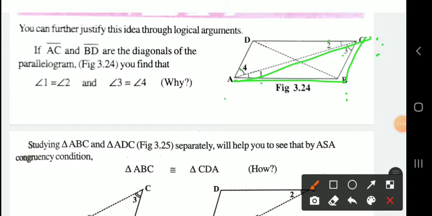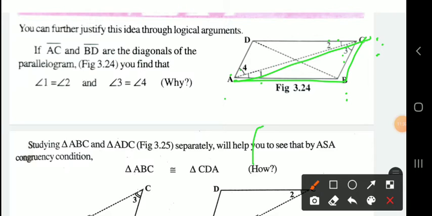So alternate interior angles are the same. So here we get angle 1 is equal to angle 2, angle 3 is equal to angle 4, right? Two angles are the same. Also AC bar is equal to BD bar.